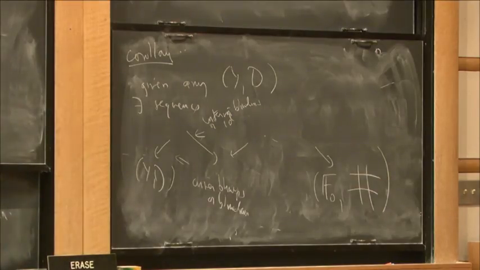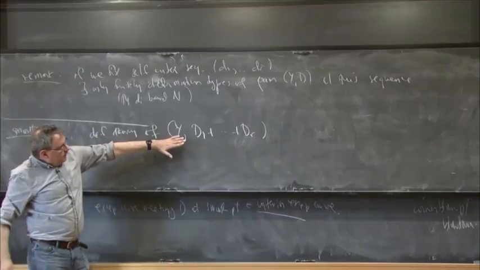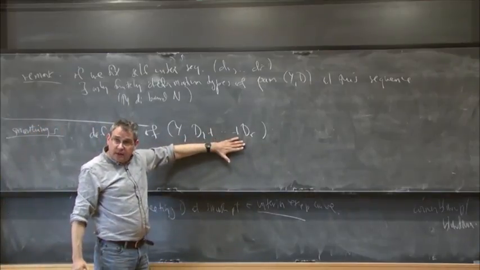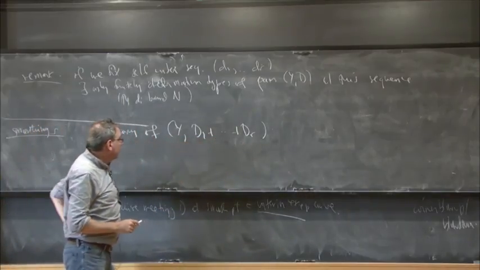Then you can ask about smoothings. And you can imagine this in two different ways. One way is you could look at the deformation theory of Y. Here I keep the cycle, but I really think of it as a cycle. In other words, I keep the singularities local normal crossings.